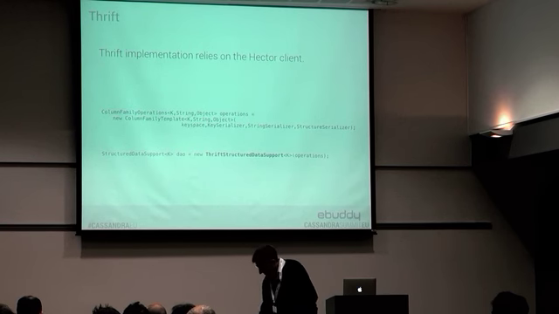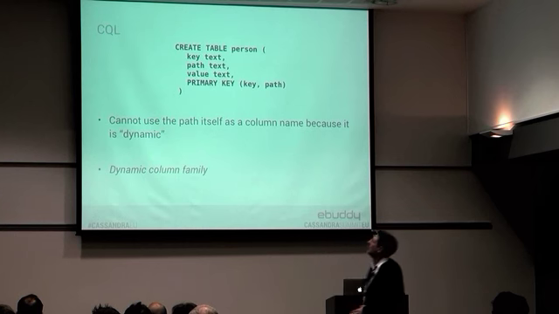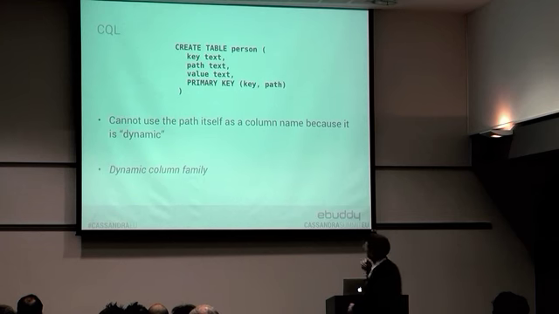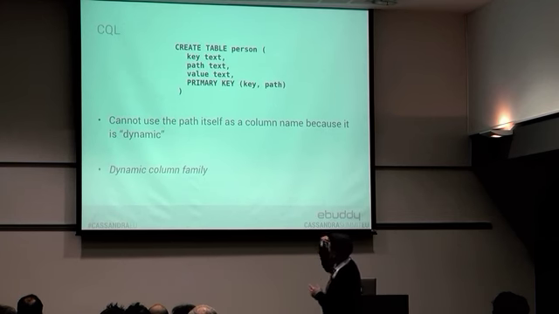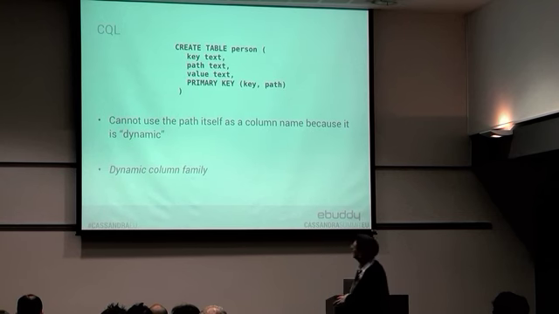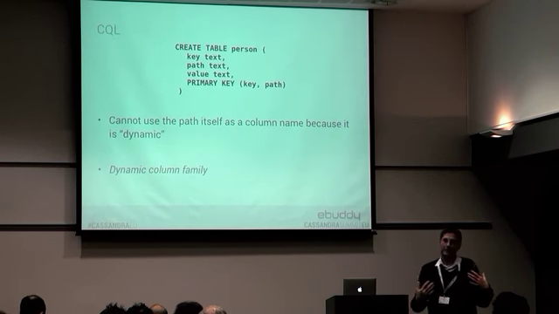And then CQL, there's some constraints on the data model. You can use it with any table, but the path itself is a column, and we use a dynamic column family for this.